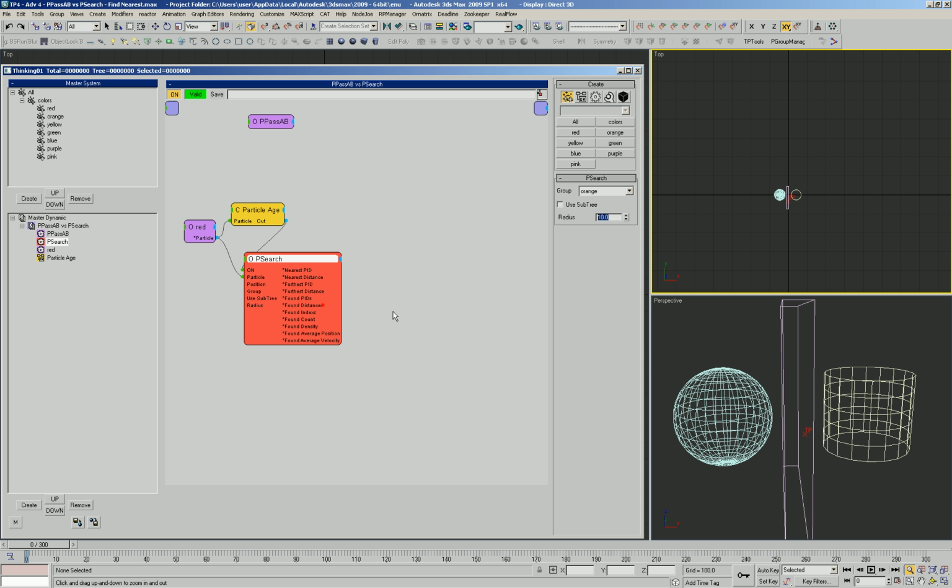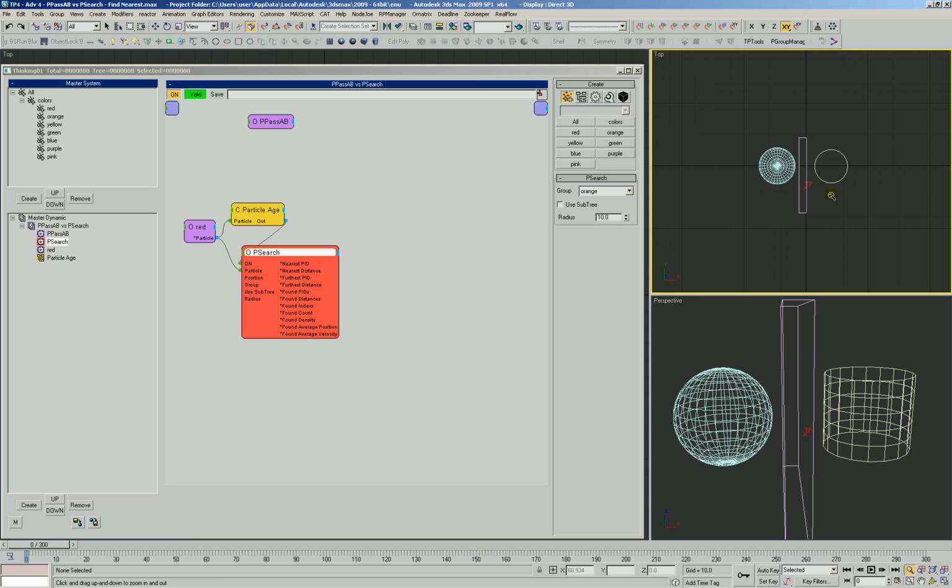Each one of these found distances are also sequential, one at a time. Then it also has a couple really nice outputs at the bottom. The found average position, which basically wherever your 20 orange particles are, it's just going to average their positions and give you that average position, as well as the average velocity. So these two things are really good for crowds and other kinds of group behavioral dynamics.